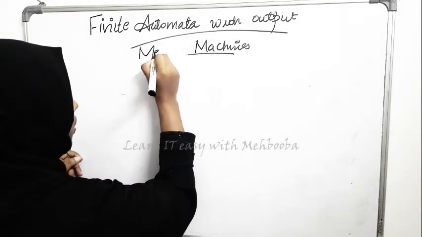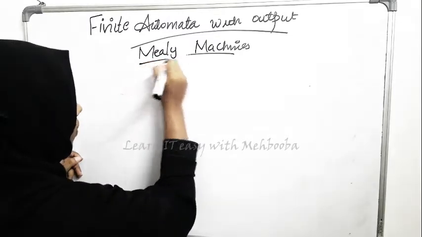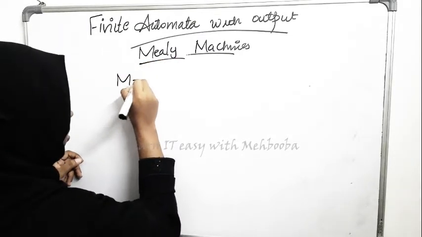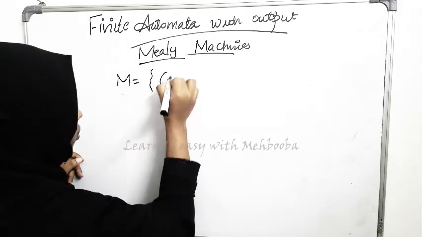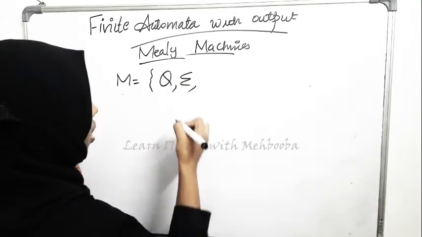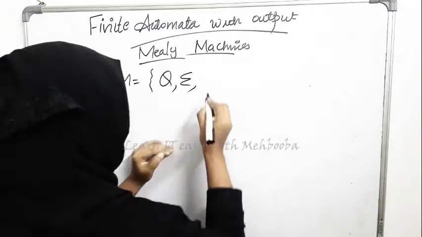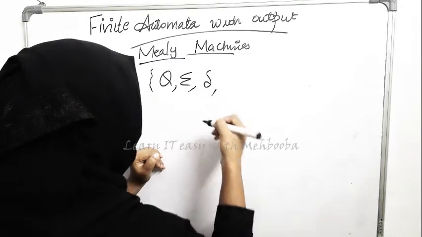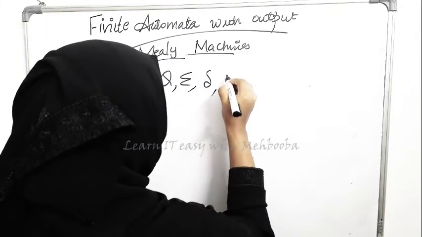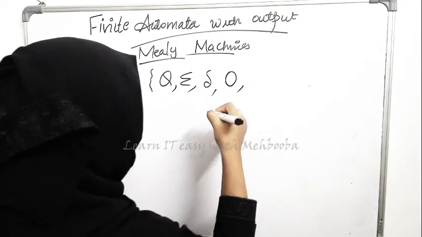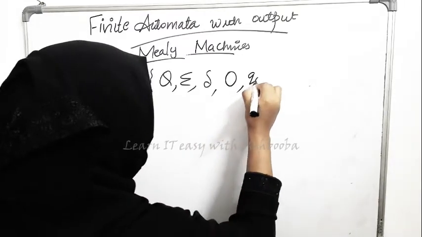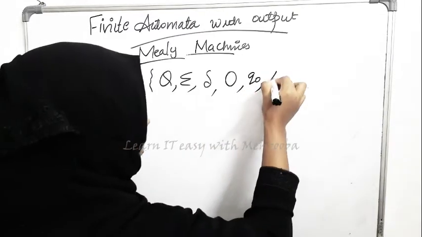So a Mealy machine is almost like a Moore machine. It has the tuple representation Q, the set of states, sigma, the input alphabet, delta, the transition function, O, the output alphabet, Q0, the start state, and lambda, the mapping function.